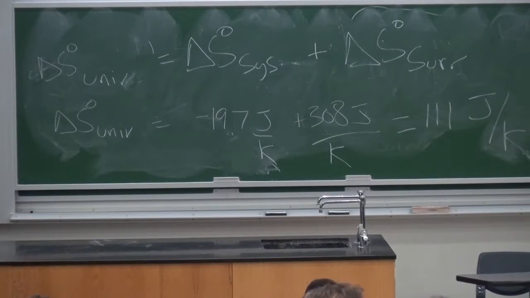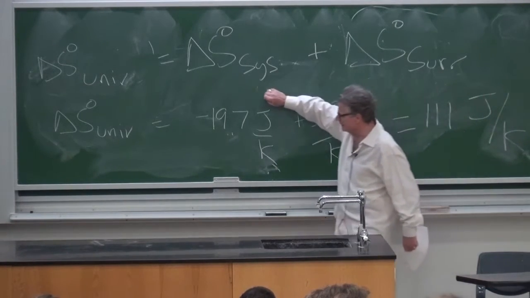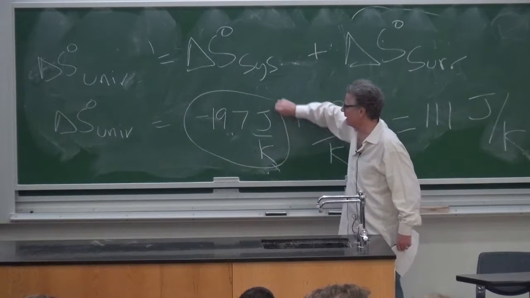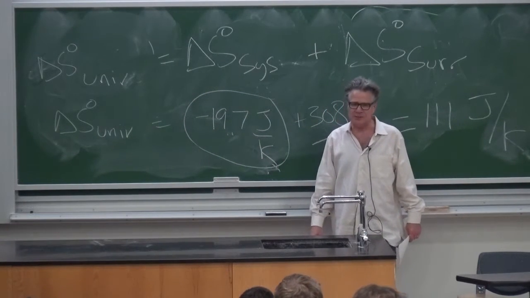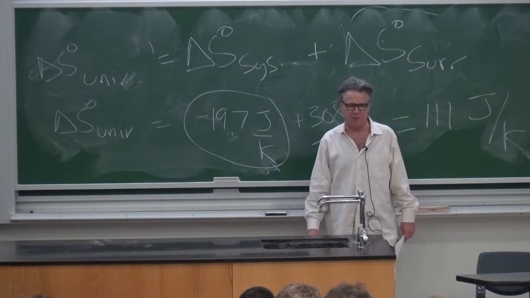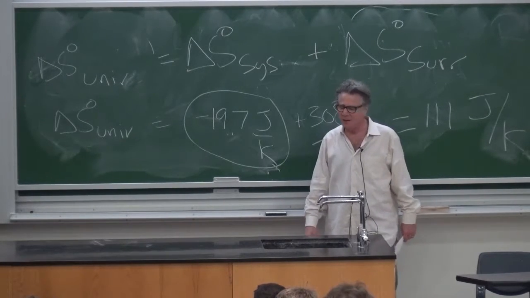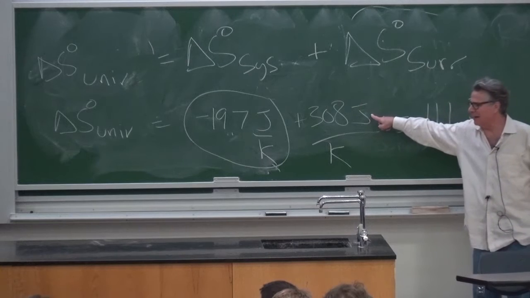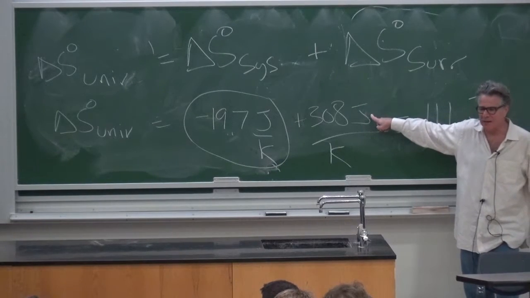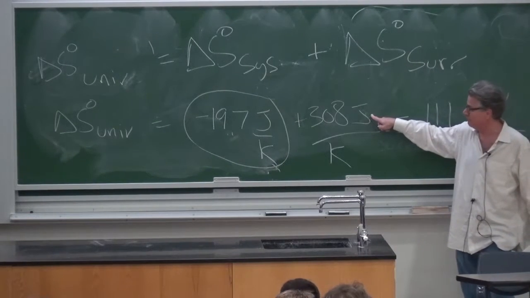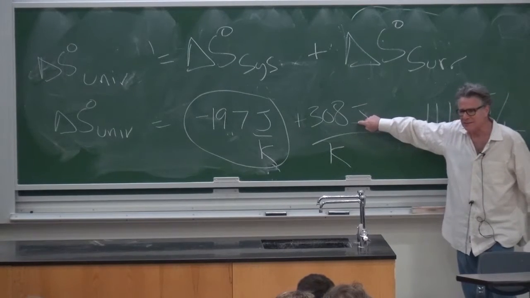Key point to latch on to. Yes, the reaction had a negative entropy change. Oops, that's not helping us make this reaction product favored. But so much heat got dissipated into the universe by the negative delta H of the reaction that that term wins.